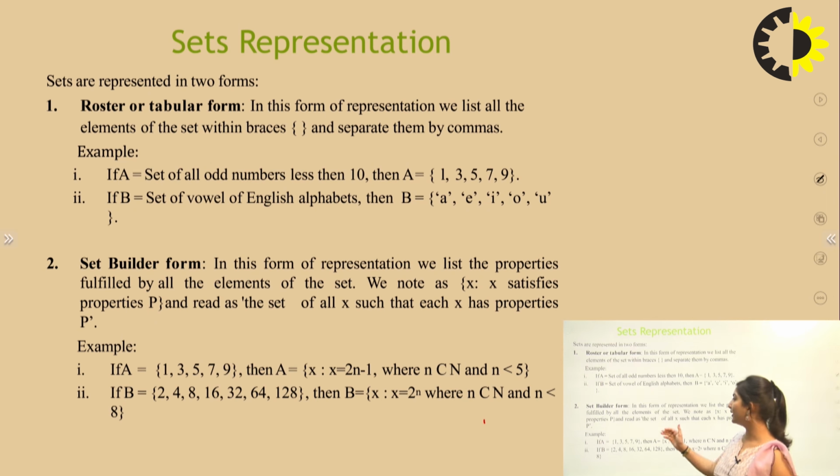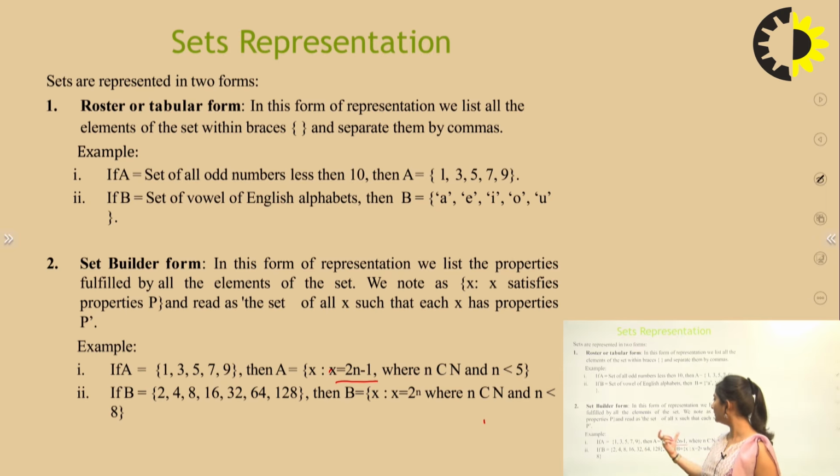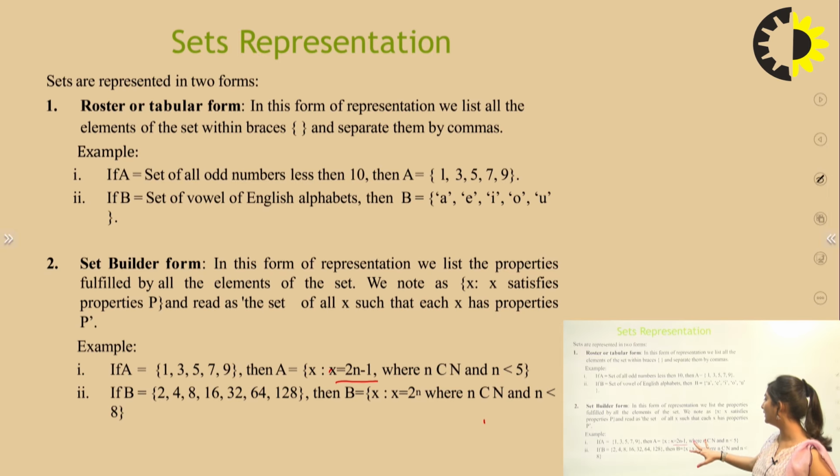So how do you write set builder form? It consists of 3 parts. First is x, which is always there, the variable you are talking about, you will be expressing it with a colon. Then there is the second part. Second part means x is 2n minus 1, which is the formula, whatever you can decipher from it. And the third part is with the comma, which is usually the condition. So how do I call it?